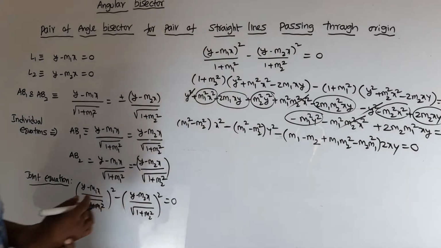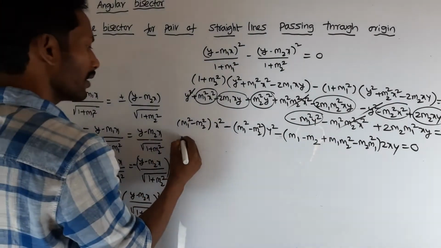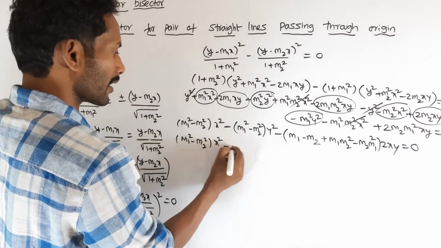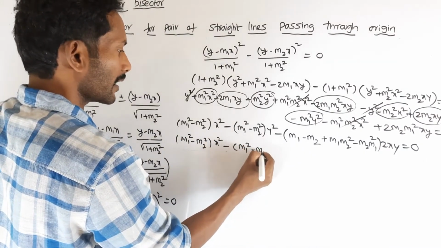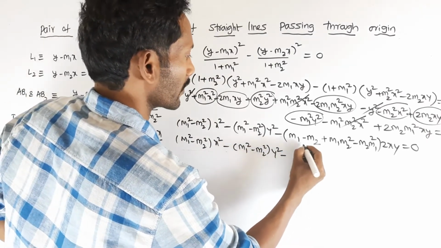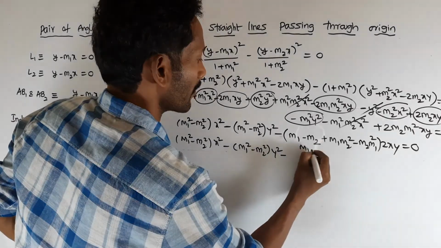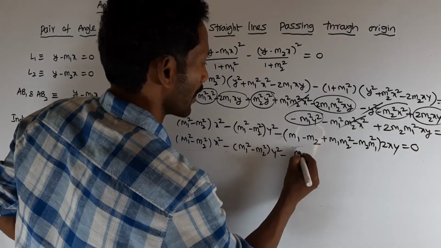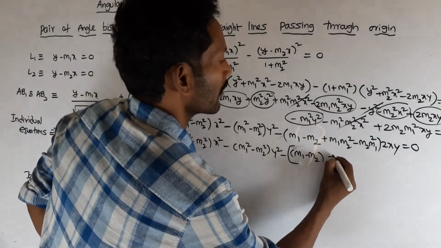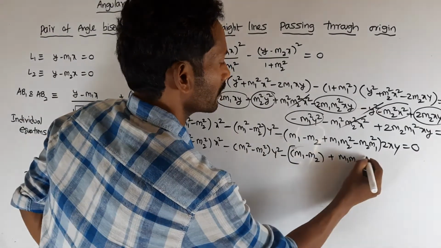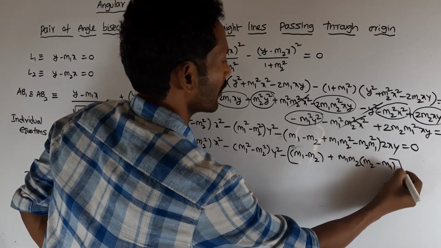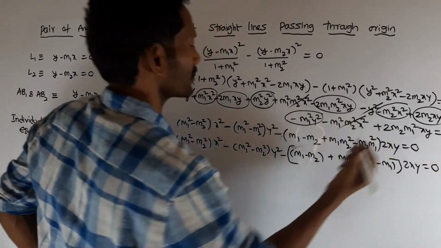I hope you are understanding. m1 square minus m2 square into x square, m1 square minus m2 square into y square. So minus of your m1 minus m2, bring outside m1 m2. This one is m2 minus m1, 2xy equal to 0.